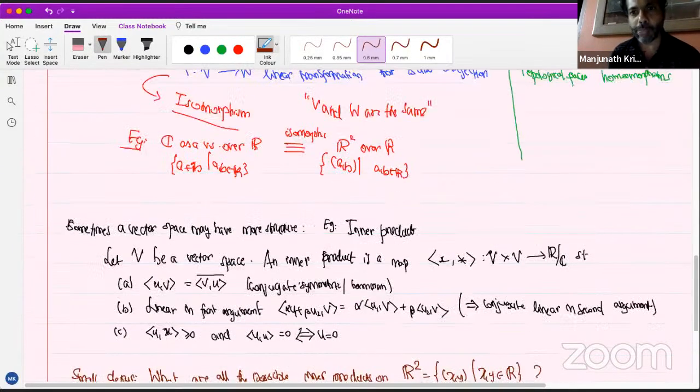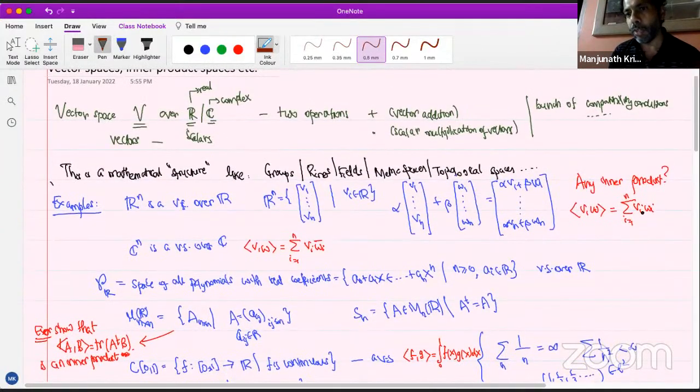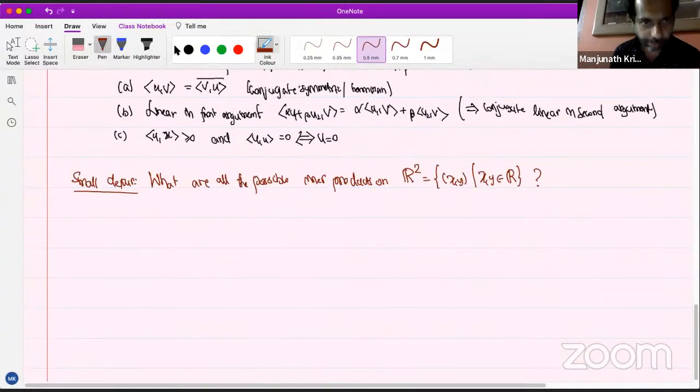So we gave one inner product, namely this one, V·W is V1 W1 plus V2 W2. But are there any other inner products? Do you know any other inner product? So one is this, okay. Any other?